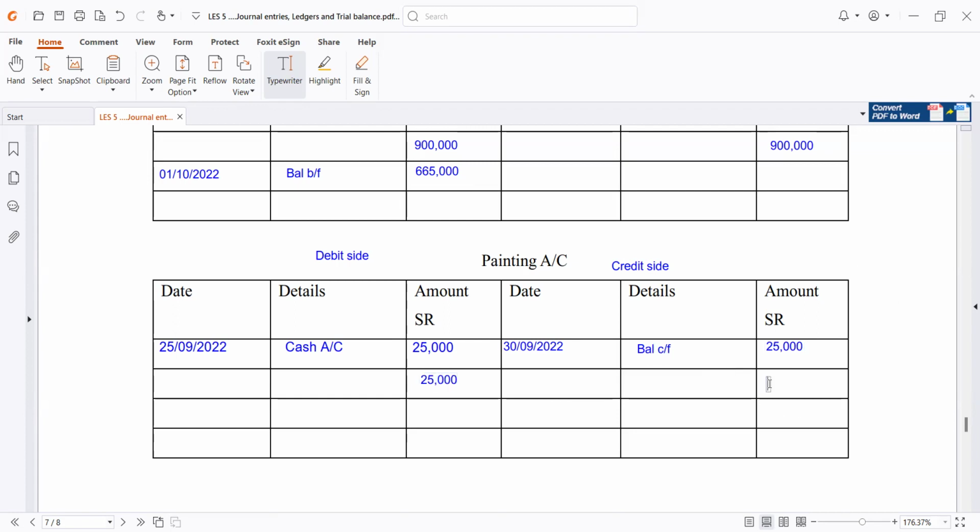And also here, 25,000. So on 1st October, that's when we are bringing the balances forward. So we'll have balance brought forward, the amount 25,000, like that. So the debit side, that is the painting account, you have 25,000.